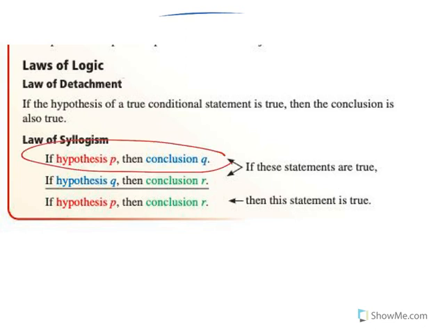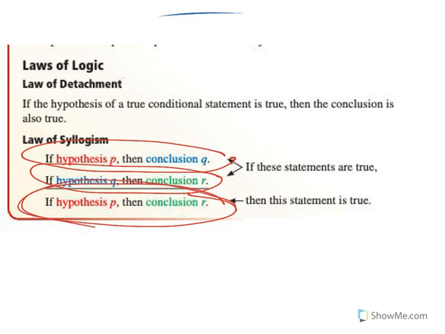You could be given 27, but for our examples, you'll be given two. And then your conclusion is also an if-then statement. Whereas your conclusion in the law of detachment was just something like it's nighttime, the law of syllogism conclusion will always be written in if-then form.